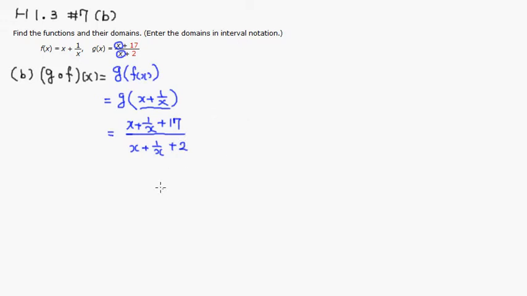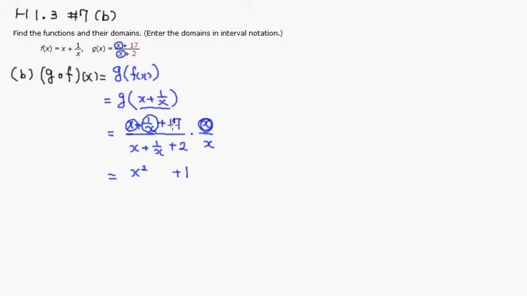All right. You can probably leave it like this, but most of the time we'd like not to have fractions inside a fraction. So I'm going to multiply top and bottom by x. As long as you're multiplying top and bottom by the same thing, the quantity will stay the same. So x times x is x squared. Then x times 1 over x gives you 1, so I'll put plus 1 here.